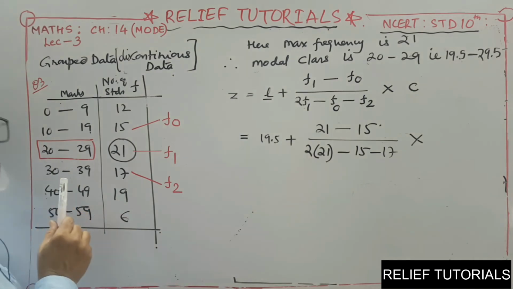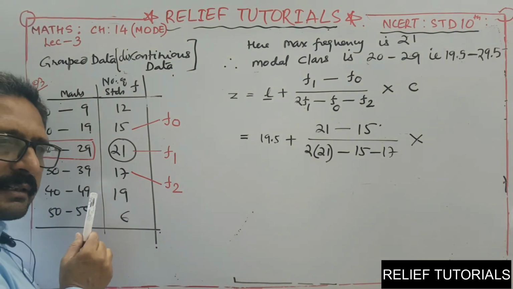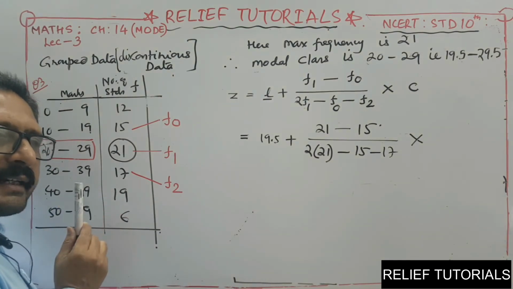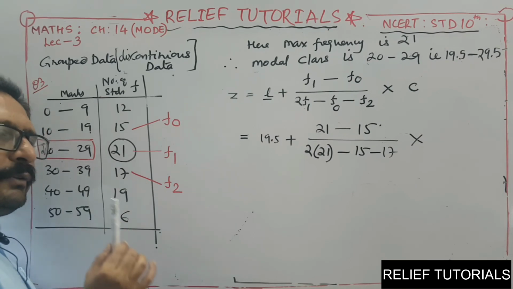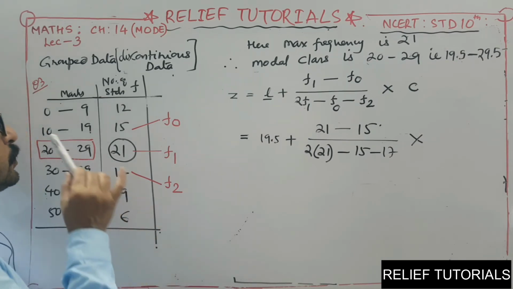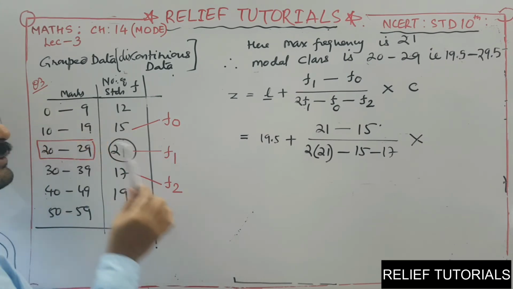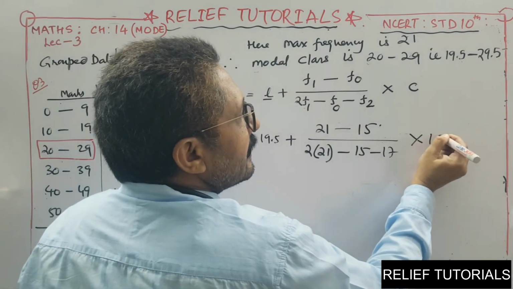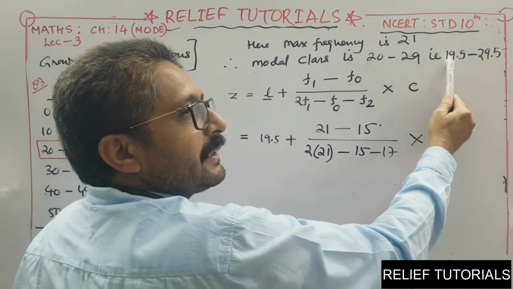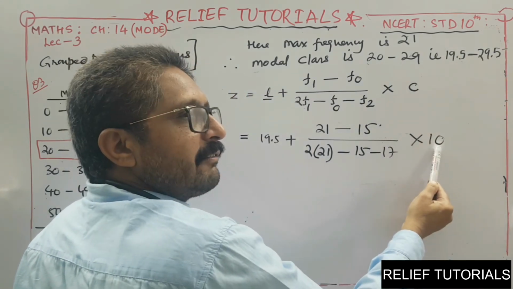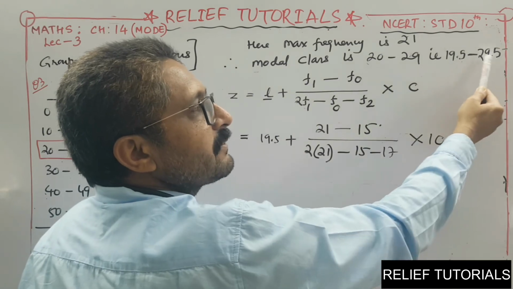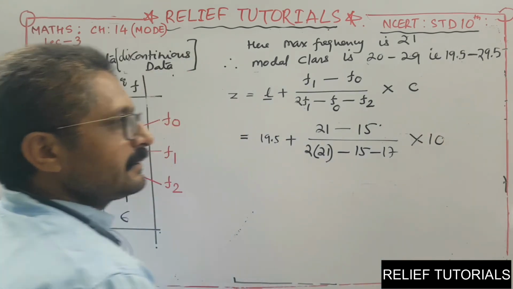Whether it is a continuous or discontinuous class, to find the class length you just subtract two successive limits, 10 minus 0, so you get 10. Here 29.5 minus 19.5 is also 10, because class length is the difference of the boundary points.